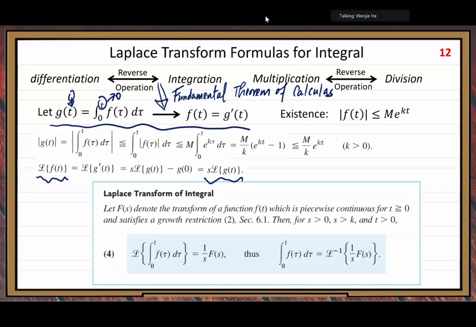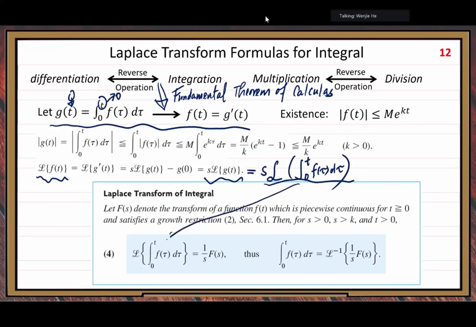Here we have this formula: s times Laplace transform of the integral from 0 to t of f of tau d tau.